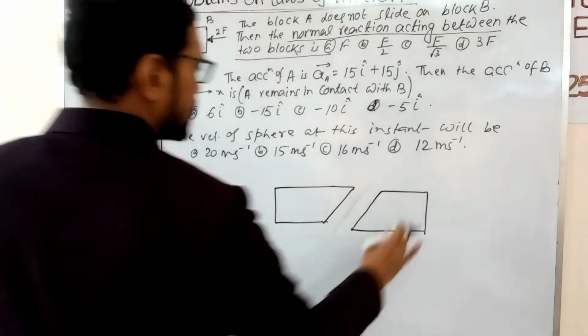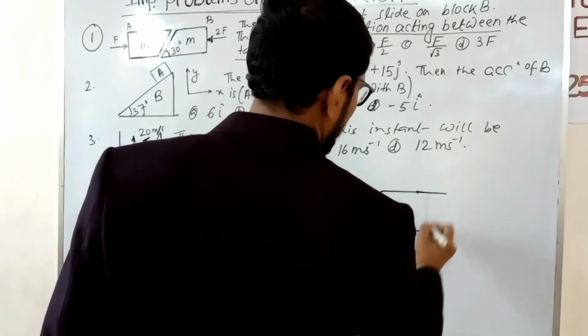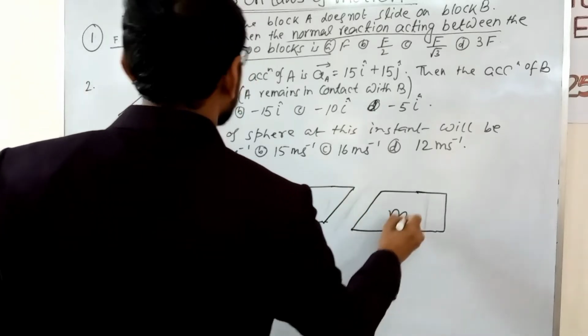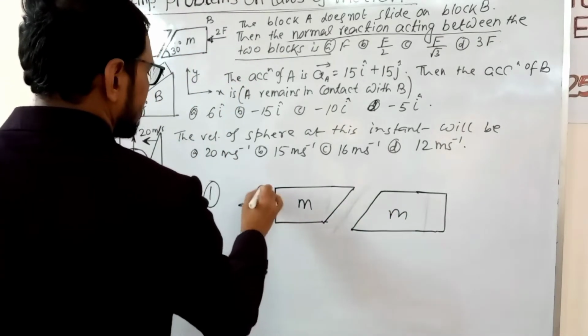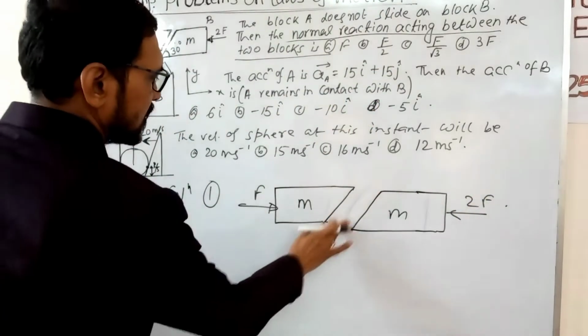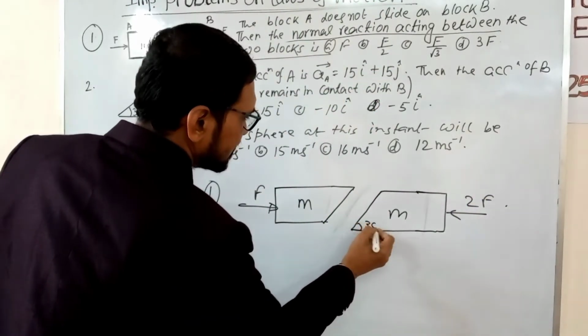If we draw the free body diagram, two equal masses m, the force here is F, and 2F, the masses are equal, and this angle is 30 degrees.